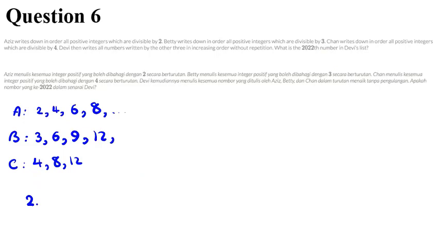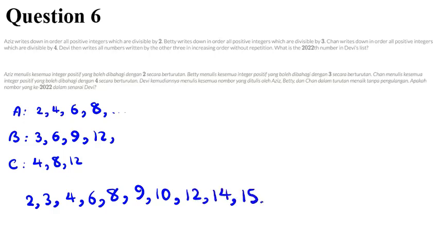So the first number is 2, the second number is 3, the next number is 4. We don't have 5, we have 6, we don't have 7, we have 8, 9, 10 and 11, we have 12, we don't have 13, we have 14, 15. Like this, and we want to find the 2022nd of them.